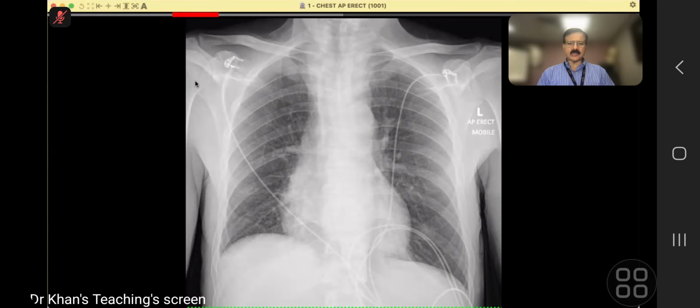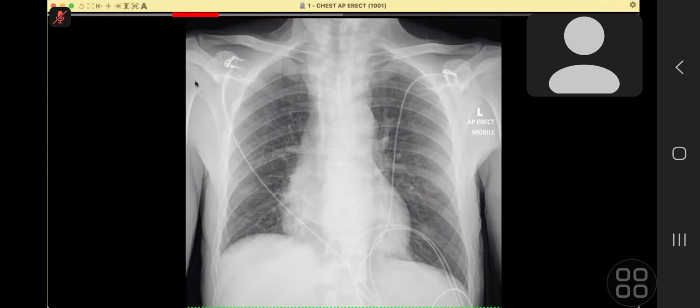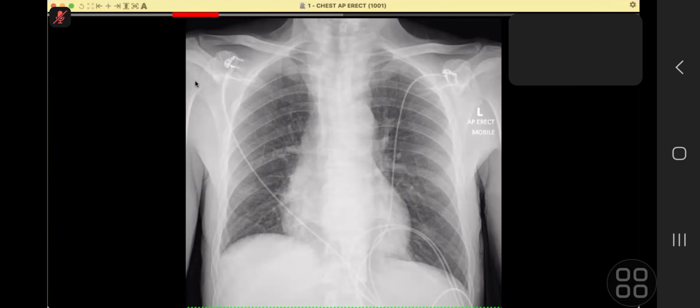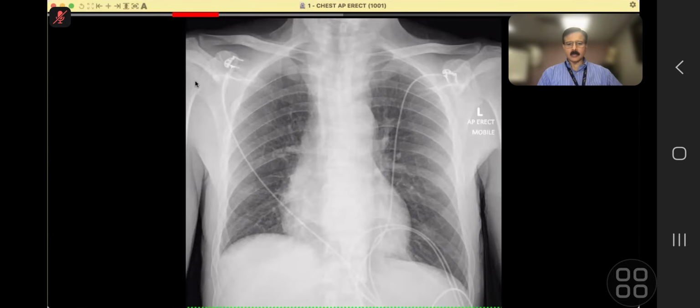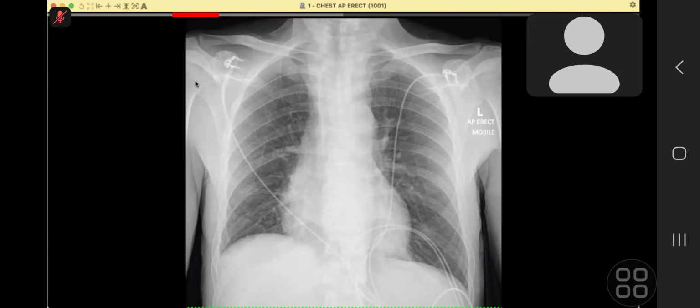On this chest X-ray, do you see anything abnormal? So I've been provided with the chest X-ray of this patient who has presented with complaints of chest tightness and chest pain, and I can see that there are various lines, probably ECG lines, which imply that the patient is quite sick.